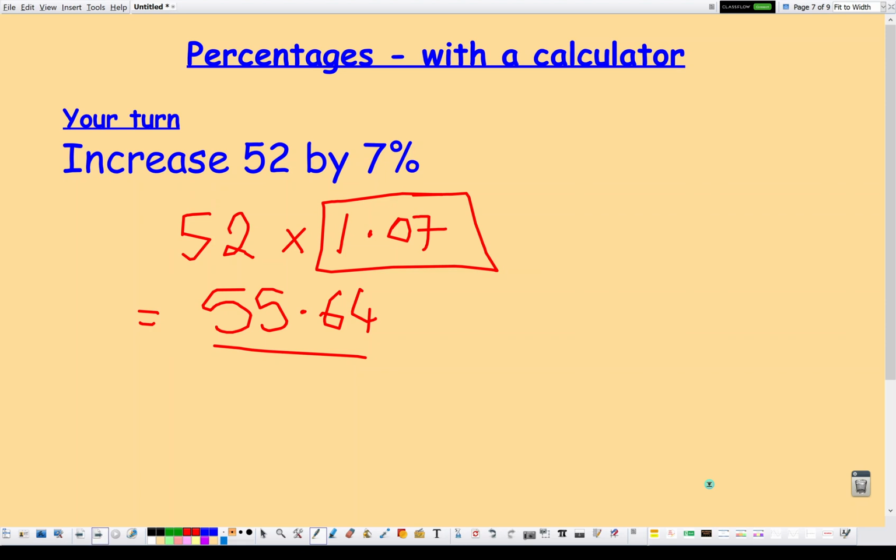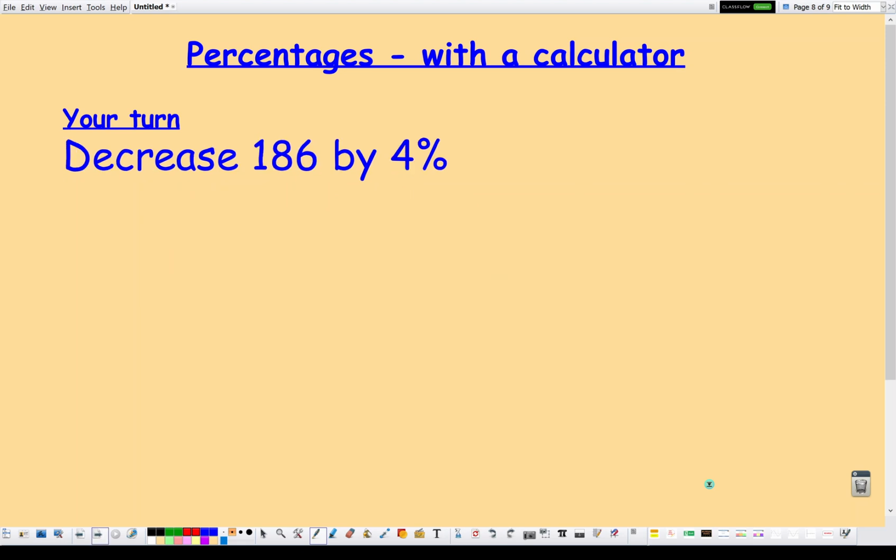Right, next quick question. That was an increase, now give me this decrease. 186 by 4%. So again, get the multiplier times 186, whatever that multiplier is as a decimal. It's a decrease this time, and it's 4%.